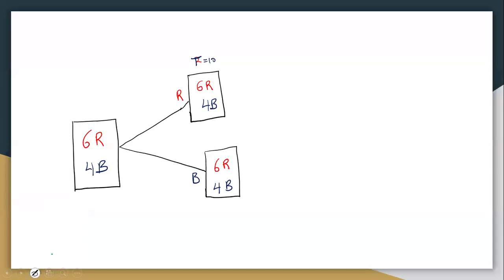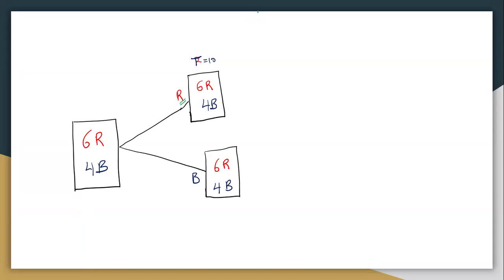Members, let me know. For this first branch where we have the red, what is the probability of picking a red from the bag? Write it through the chat. 6 out of 10. Very good.